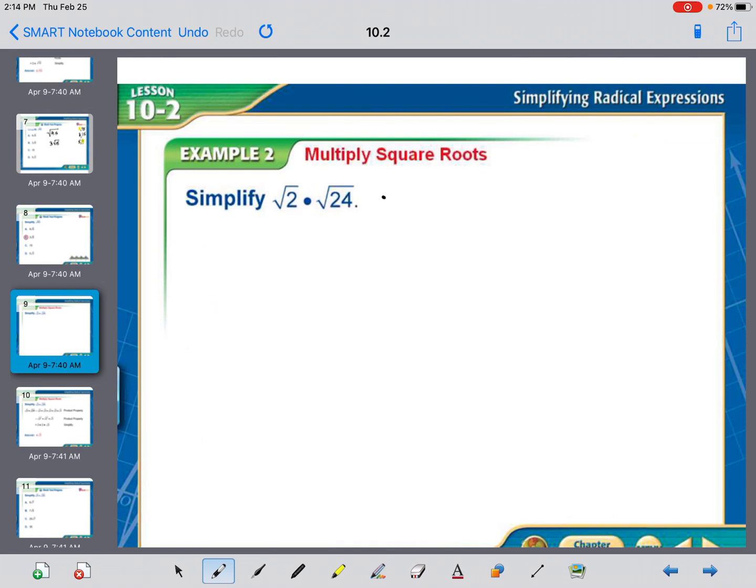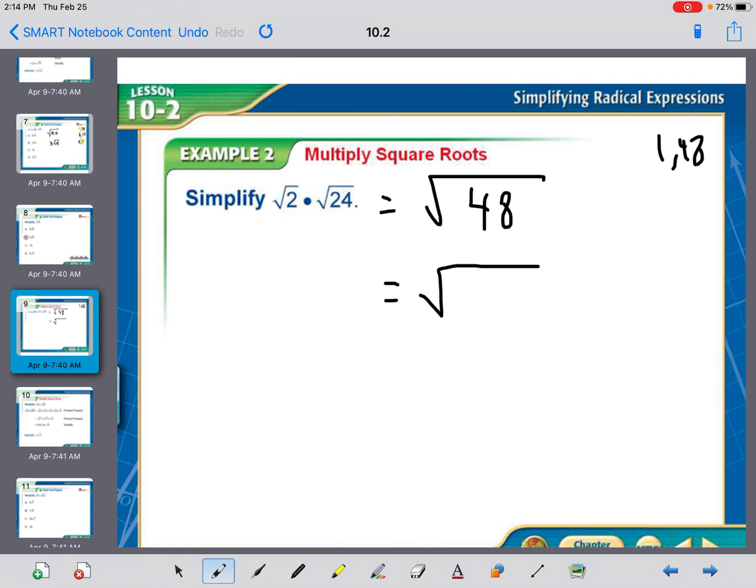Now, if we can pull them apart, then we can put them together. So this one becomes the square root of 48, because 2 times 24 is 48. Now, can I simplify the square root of 48? In other words, is there a square hiding in there? And hopefully, with a little bit of work and finding all the factors of 48, you can see that 48 could be written as 16 times 3. Now, true, it could also be written as 4 times 12.